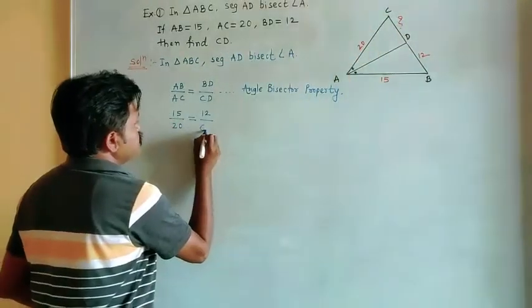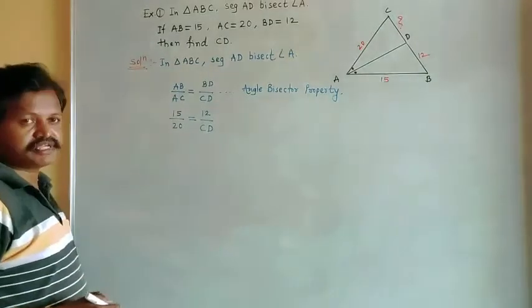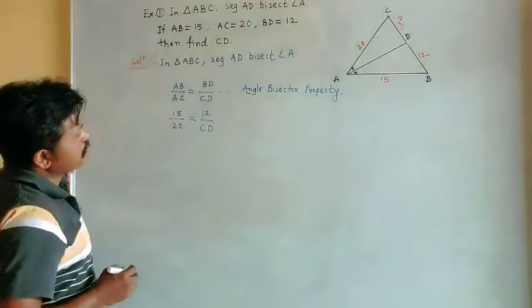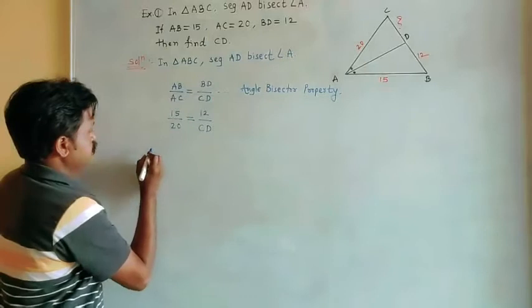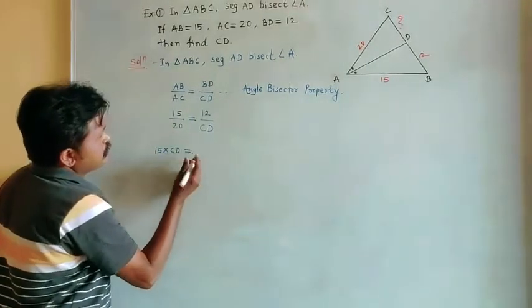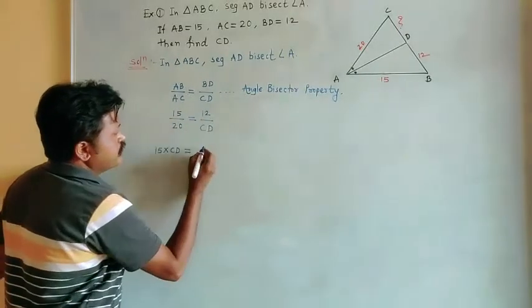Now you simply calculate this by cross multiplication. 15 into CD is equal to 12 into 20.